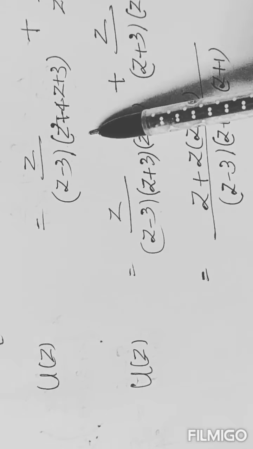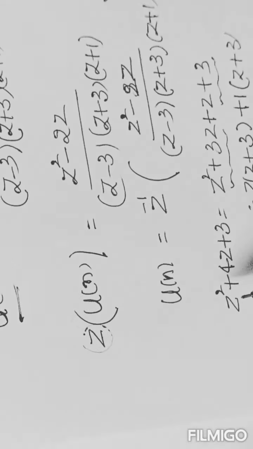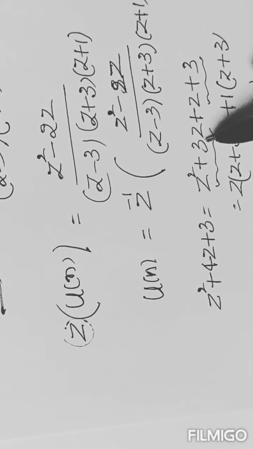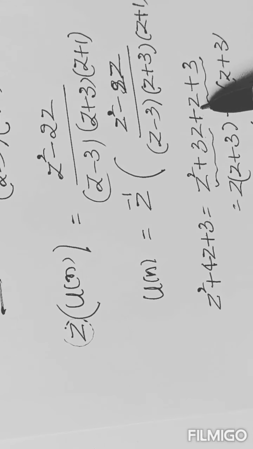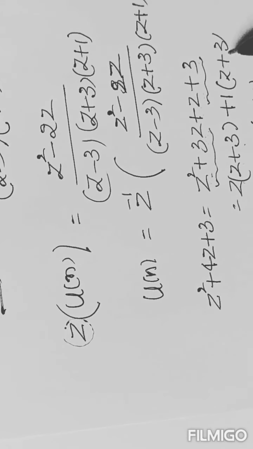Now the factors. This is a quadratic expression. As per the factorization procedure, I have explained here, z square plus 4z plus 3 can also be written as z square plus 3z plus z plus 3. 3 ones are 3, 3z plus z is 4z. So take z as common from these two, z plus 3. From the other, 1 as common, z plus 3.